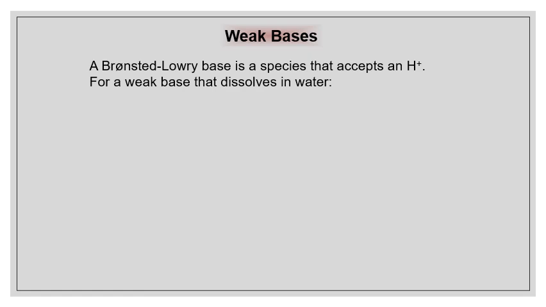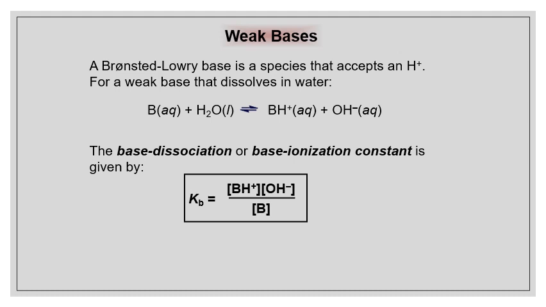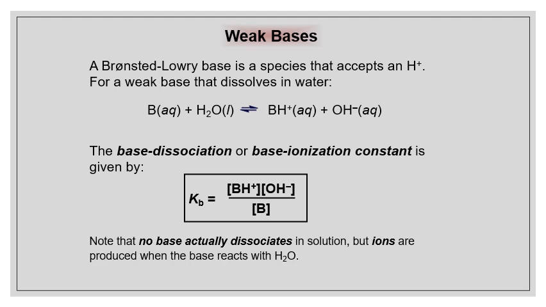We will now shift our focus to bases. A Bronsted-Lowry base is a species that accepts a hydrogen ion. For a weak base that dissolves in water, we have a generic equation of B plus H2O forms BH plus and OH minus. The first thing I want to mention is that in this type of instance, the B is not your traditional metal hydroxide. It is going to be rather an amine-based compound.